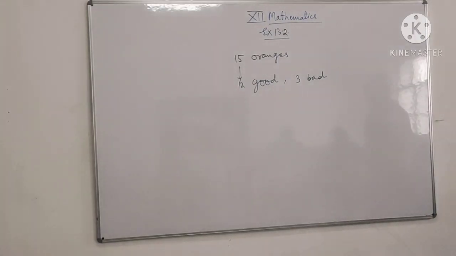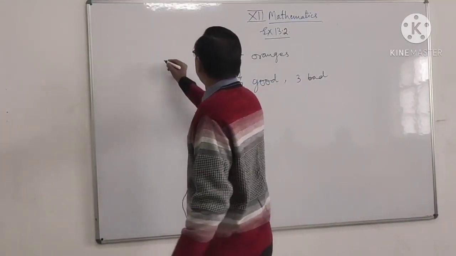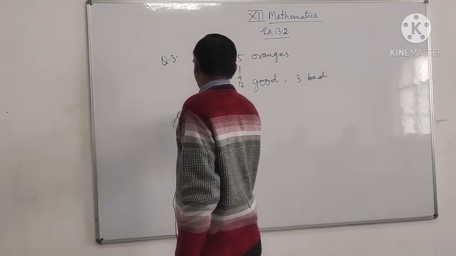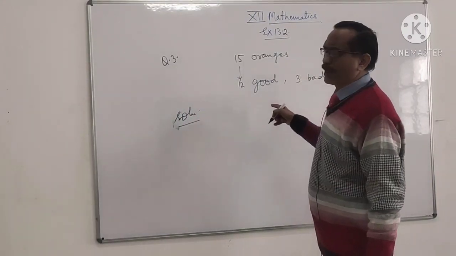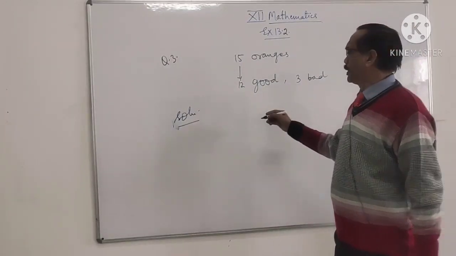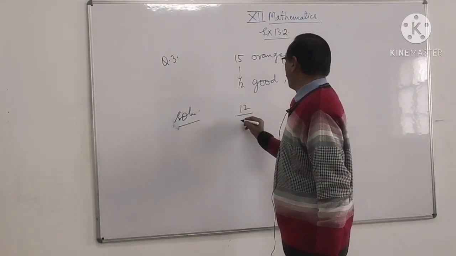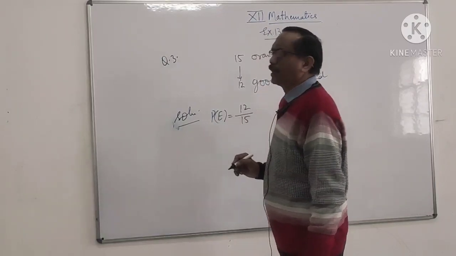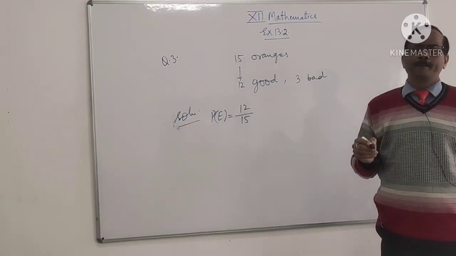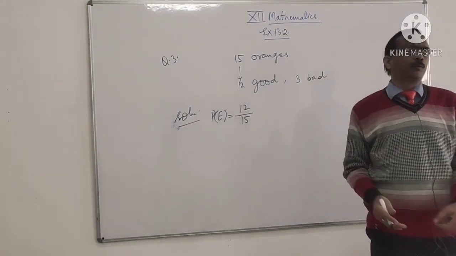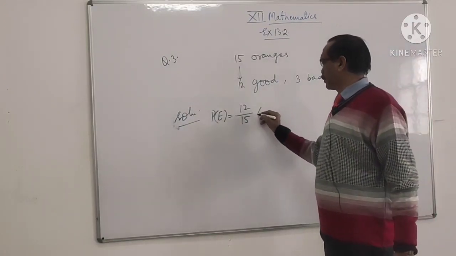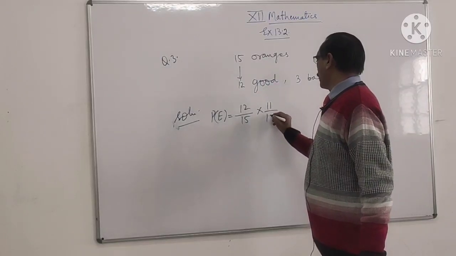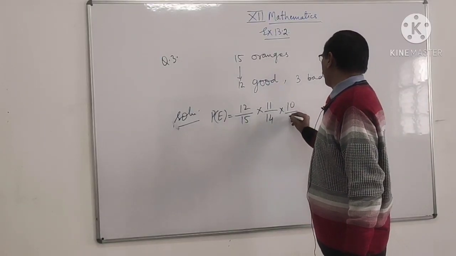So there are 15 oranges. The probability that the first orange is good is 12 upon 15. Let E stand for the event that the box is selected. Now there are 11 good oranges out of 14, so it is 11 upon 14, then 10 upon 13.